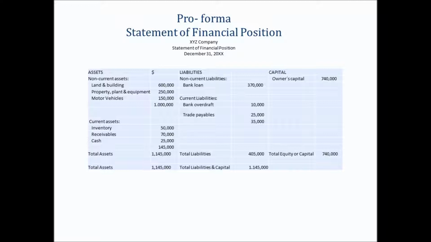As you can see, we can say that the sources of the assets of the company comes from the owner's contribution of 740,000 and from a bank loan of 370,000. So from this, the company bought land and building, property, plant and equipment, and motor vehicles in the amount of 1 million pesos.